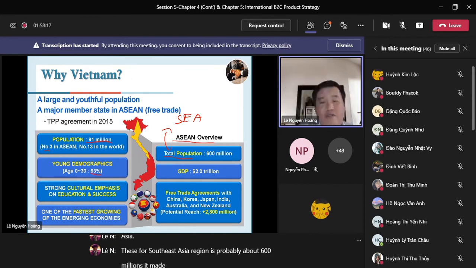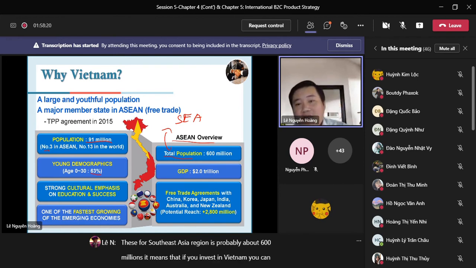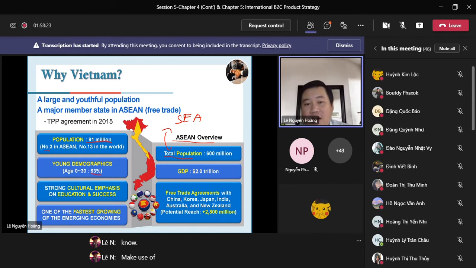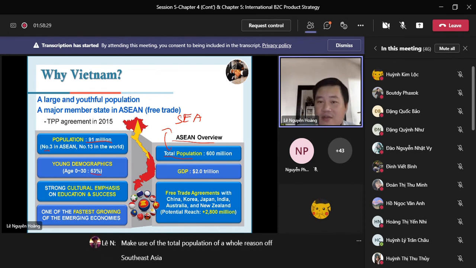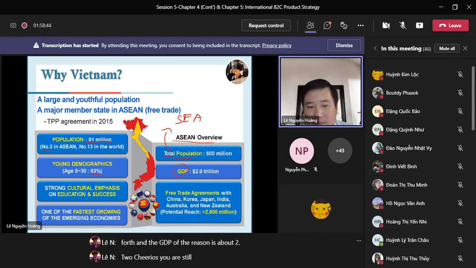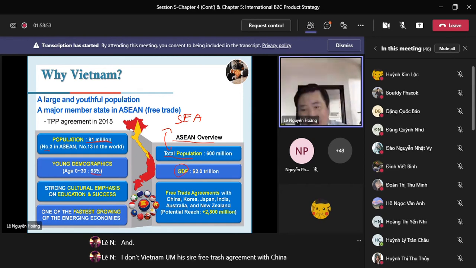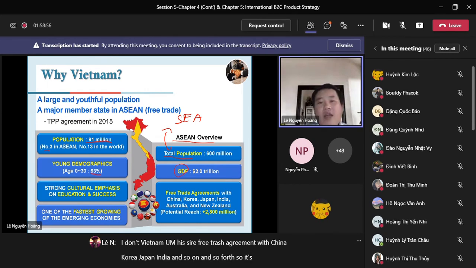It means that if you invest in Vietnam, you can make use of the total population of the whole Southeast Asia region. You can export your products to Thailand, to Malaysia, to Singapore, and so on. And the GDP of the region is about 2 trillion US dollars. And Vietnam has signed free trade agreements with China, Korea, Japan, India, and so on. So it means that we can avoid the tariff if we invest in Vietnam.